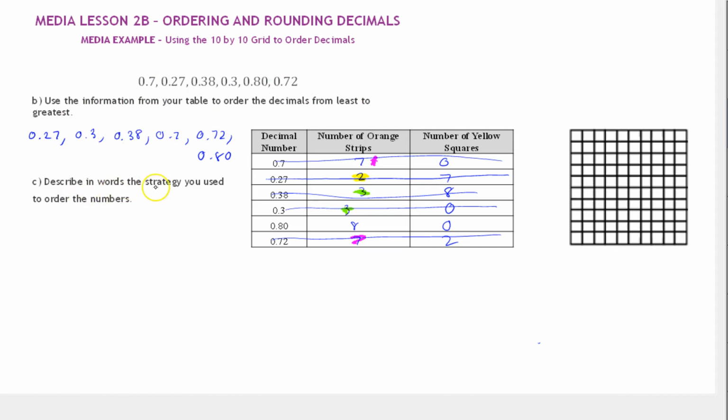So describe in words the strategy you use to order numbers. So let's try to put into words what we did here. So we place the numbers in a chart with the same number of decimal places.